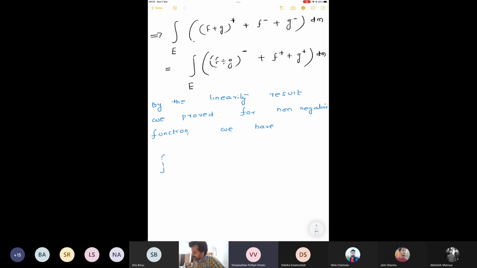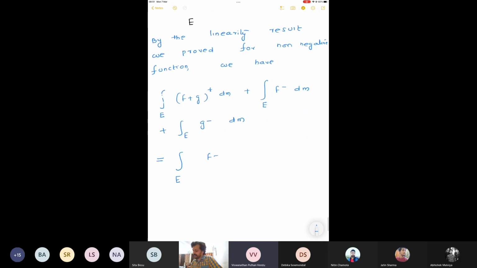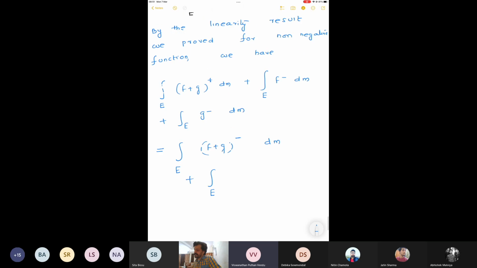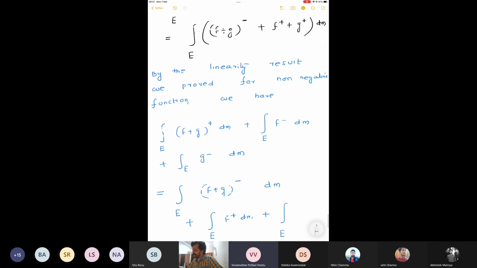We have the integral over E of (f plus g)plus dm plus the integral over E of f minus dm plus the integral over E of g minus dm, that is on the left side, equal to the integral over E of (f plus g)minus dm plus the integral over E of f plus dm plus the integral over E of g plus dm.